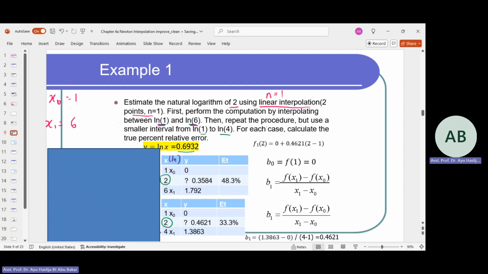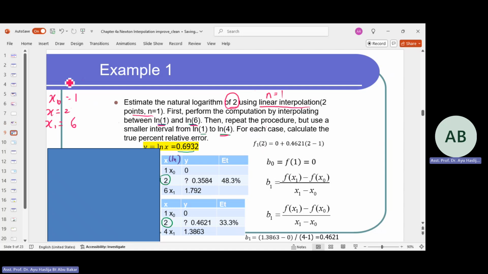You are required to find ln 2, so your x equals 2. Then it asks you to repeat the procedure but use a smaller interval, which is 1 and 4. For each case, calculate the true percent relative error.